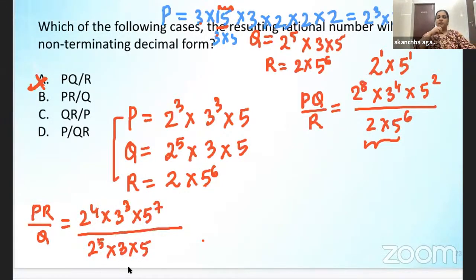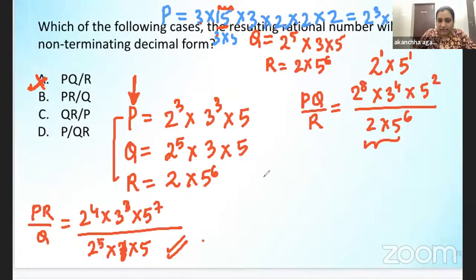So which kind of decimal will it have? Will it terminate or not? It will again terminate. This is again not a correct option. Well answered by few of you. Now one thing I got clear is P is the one which is having 3 as more powers, right?